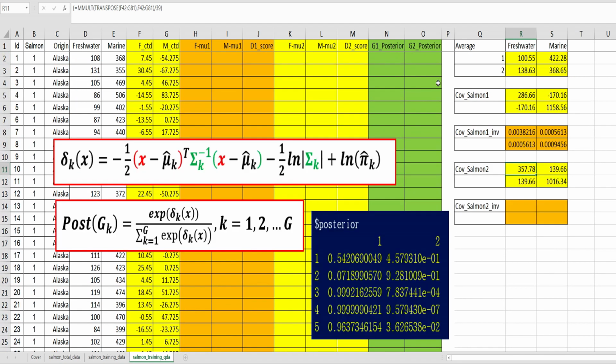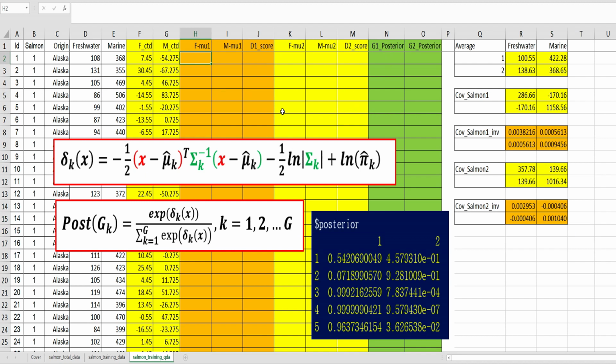Right, this is covariance matrix for group 2. And then the inverse matrix, you can use MINVERSE function. Right. All outputs are ready to calculate delta 1x and delta 2x.